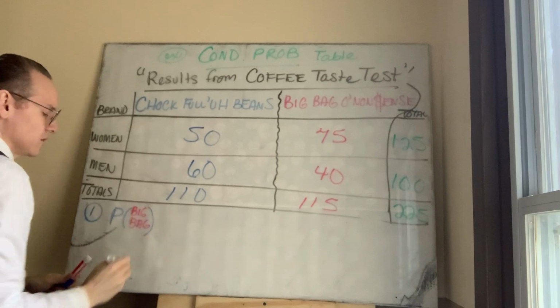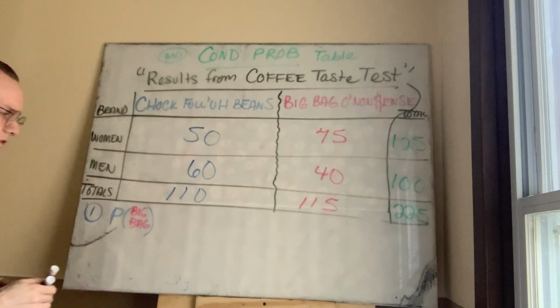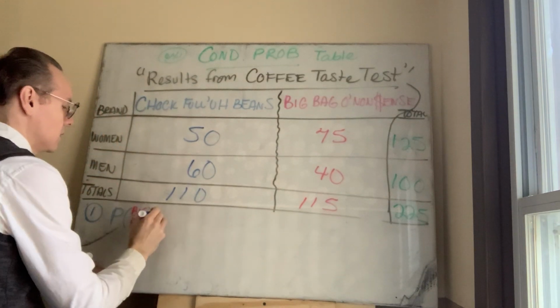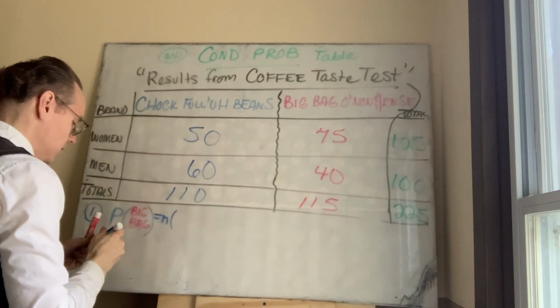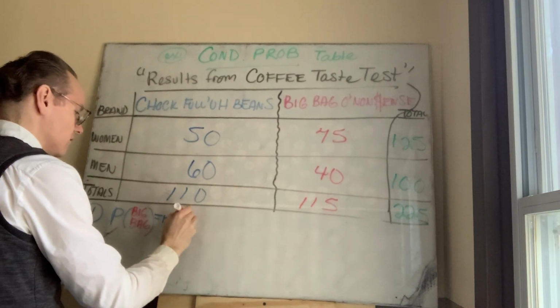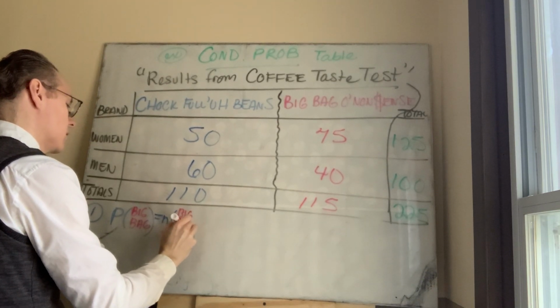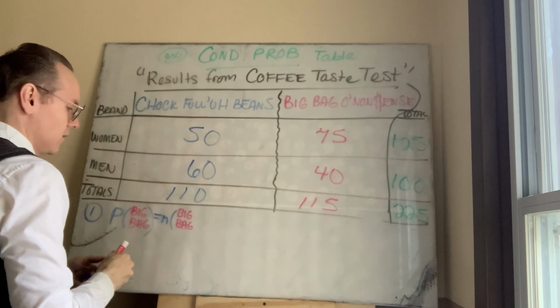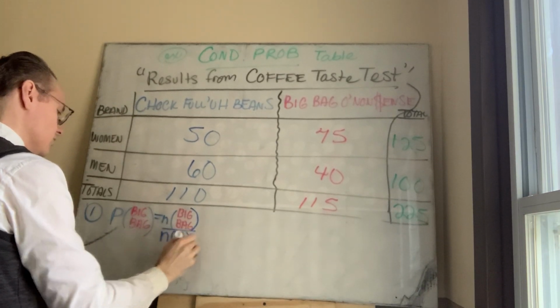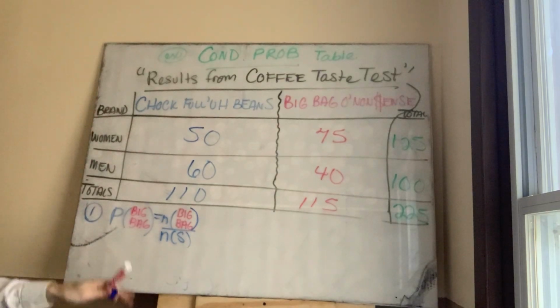And there's nothing fancy about that. If we wanted to dig up one of our old formulas, it would be the number of people who like Big Bag of Nonsense over the number of people in the sample space, which is the total number of people, really.